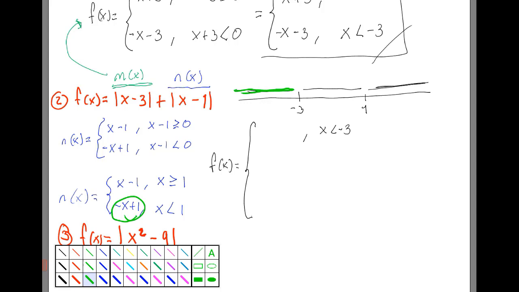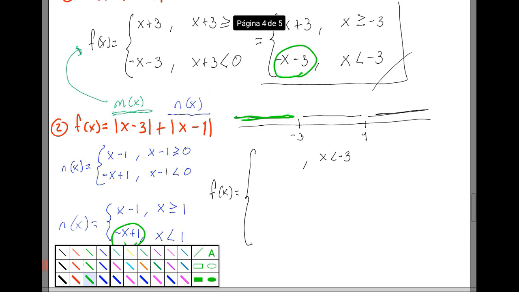And this because values less than -3 fall in this interval. So we are going to combine those functions. It will be minus x minus 3, minus x plus 1. I am just combining the functions m and n.